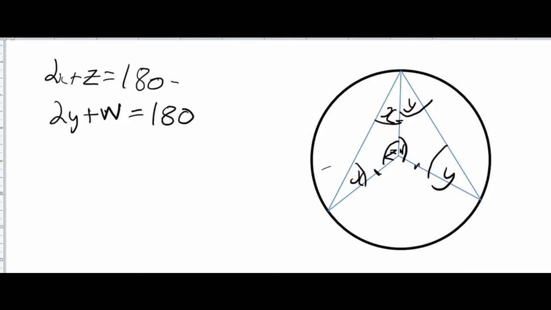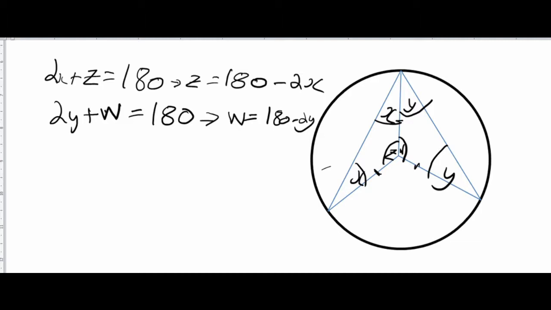So this equation here will give us z is equal to 180 minus 2x, and this one will become w is equal to 180 minus 2y.